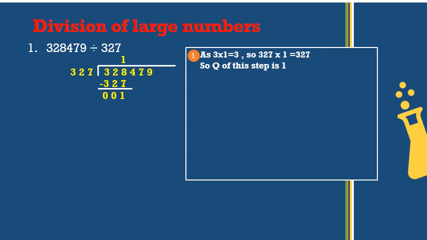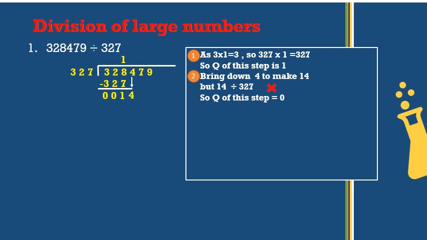Now children, in the next step, we will bring down 4 to make 14. But children, we cannot divide 14 by 327 because 14 is less than 327. So, the quotient of this step will be 0. And why it is 0? Because we have carried down one digit.